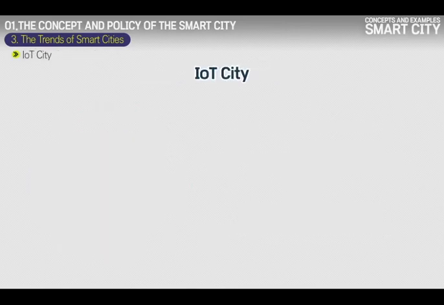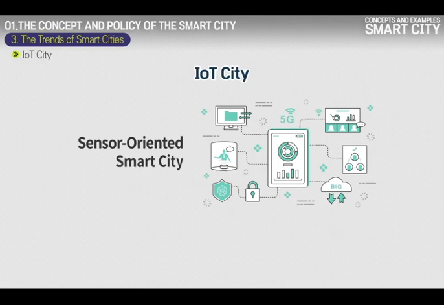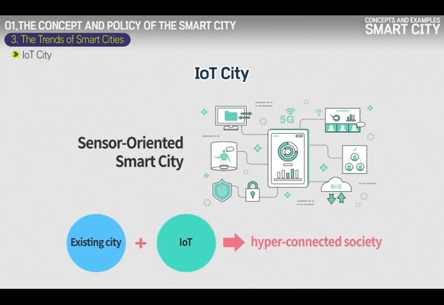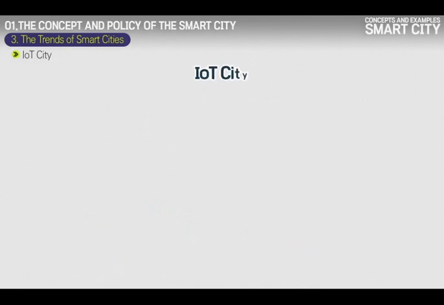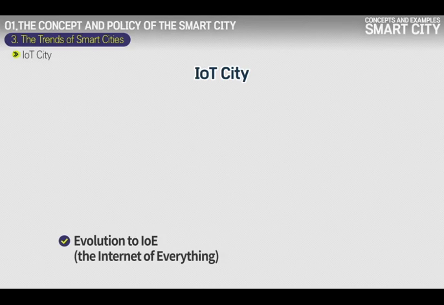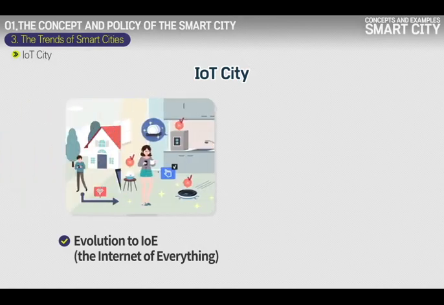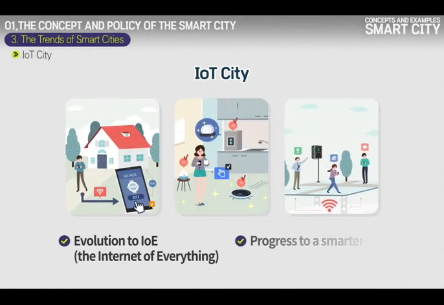Second, an IoT city is a sensor-oriented smart city. The existing city are combined with IoT and become a hyper-connected society. IoT is evolving into IoE, Internet of Everything, by integrating with facilities and devices such as smartphones, home appliances, infrastructure, and is progressing toward a smarter city.